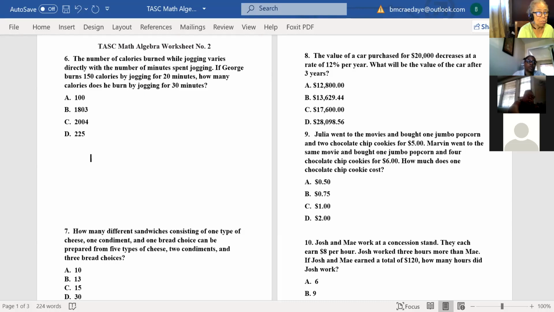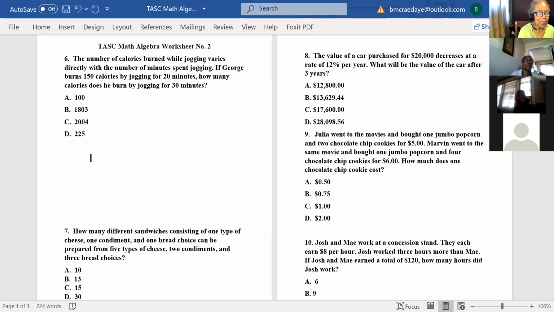But for the ones who may not be able to do it that way, how would you set this up as a ratio and proportion problem? I would do it as mental math, for real. Okay, because this is simple. Yeah, you're right, Vanessa. That is simple, and I thoroughly agree with you. But I want to know, how would you set this up as a ratio and proportion problem?